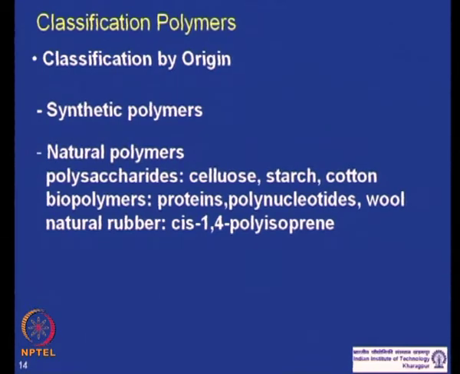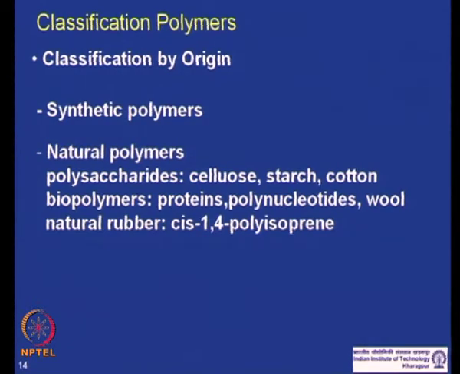For example, polysaccharides, which represent cellulose, starch, cotton, biopolymers, proteins, nucleic acids, wool, silk, and so on, and natural rubber, cis-1,4 polyisoprene.